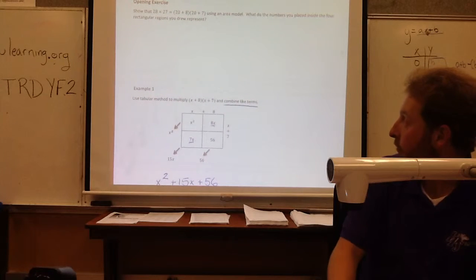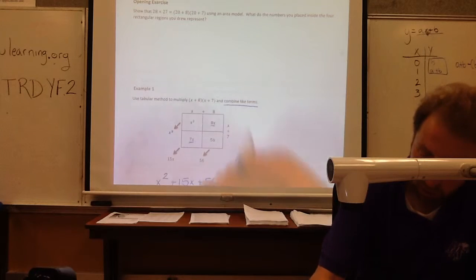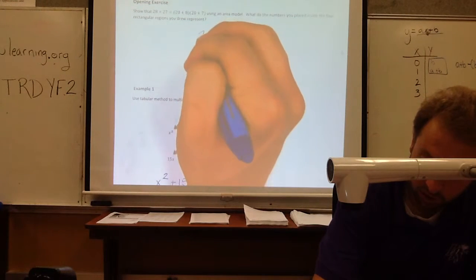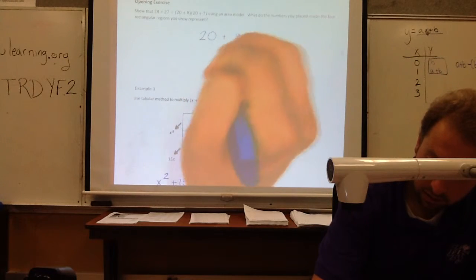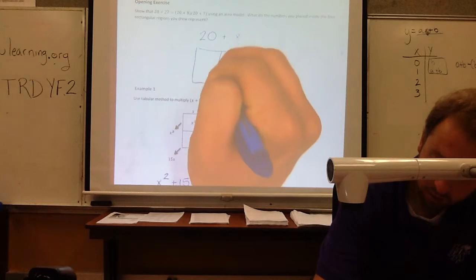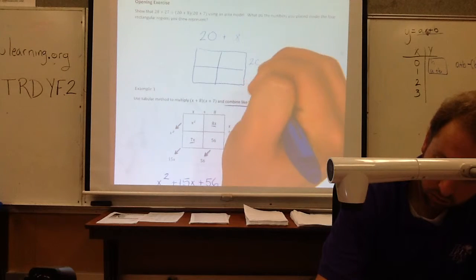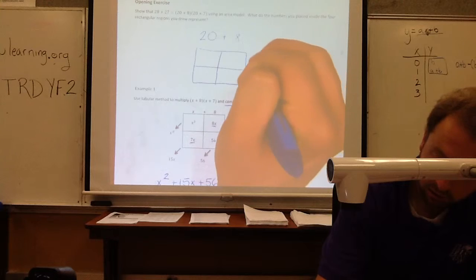If you connect back to the opening exercise, you'll see that this is basically going on here with 20 plus 8 times 20 plus 7. 20 is our x value.